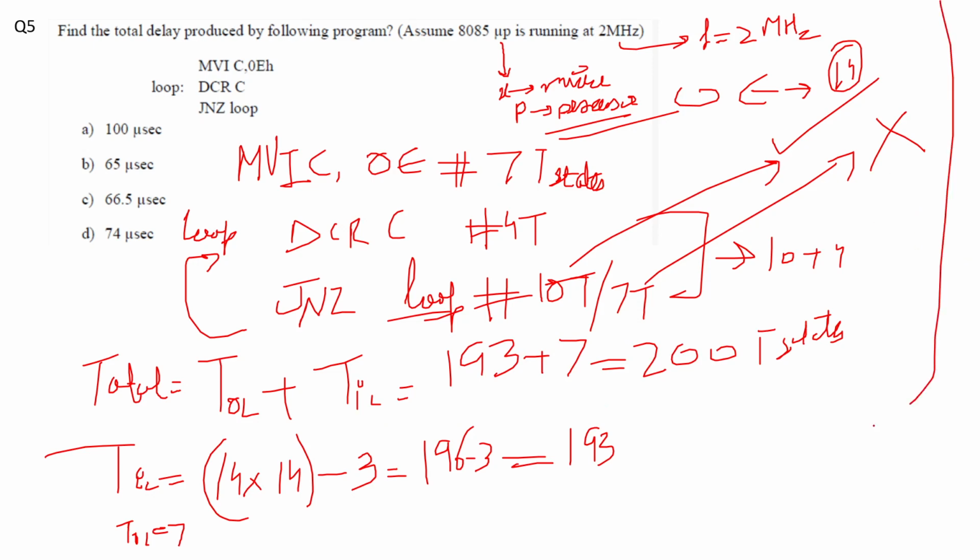So 200 T states is the total program delay.